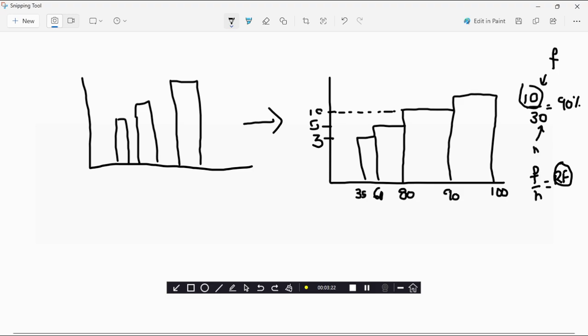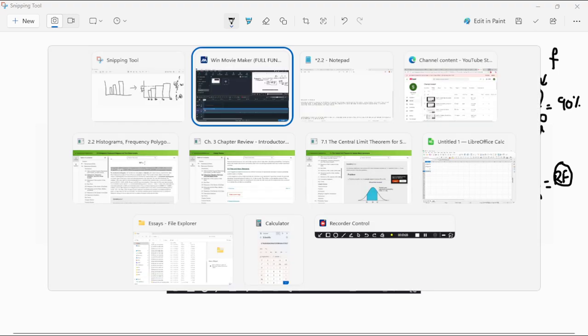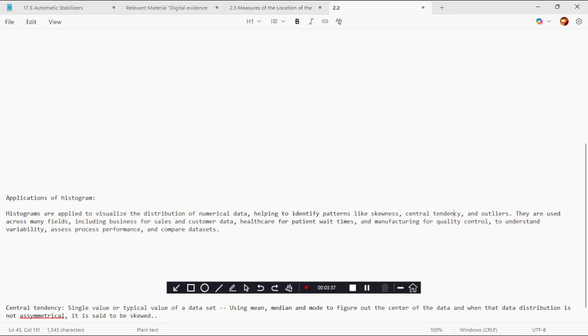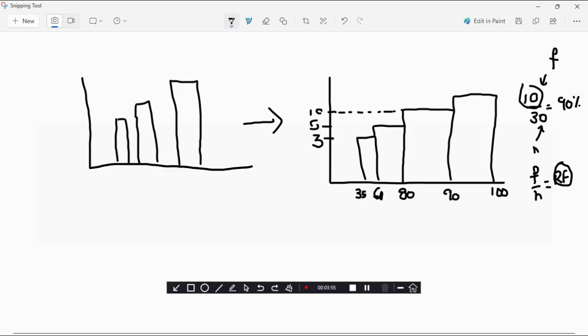Now, some applications relevant to histograms include, but are not limited to, trying to figure out the center of your data, so figuring out the mean, median, and mode, or using mean, median, and mode to figure out the central tendency. Then the skewness: data that is not symmetrical. For example, if this is your data going up and down, this is your bar graph over here.